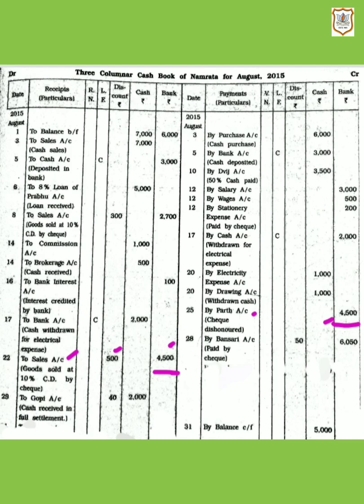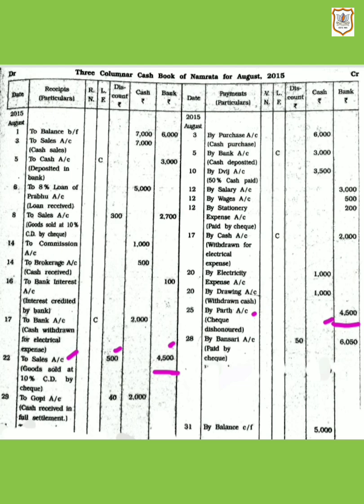Now next transaction, date 28th. A check of rupees 6,050 is issued to Bansari towards an old debt. Total debt was rupees 6,100. That means we had to pay 6,100 to Bansari. That means our payable was 6,100 and we are issuing a check of rupees 6,050 only.